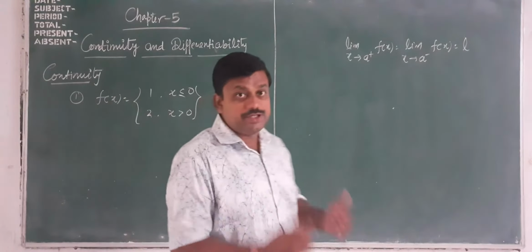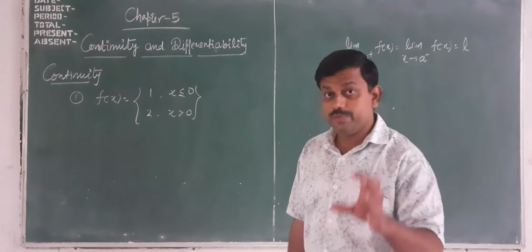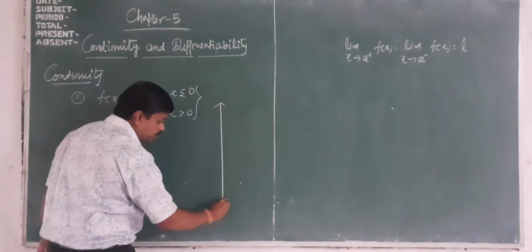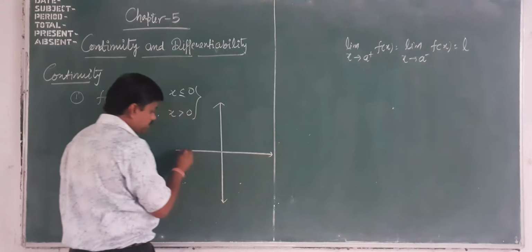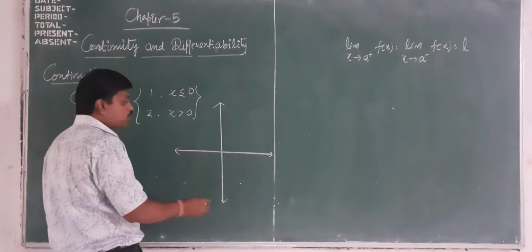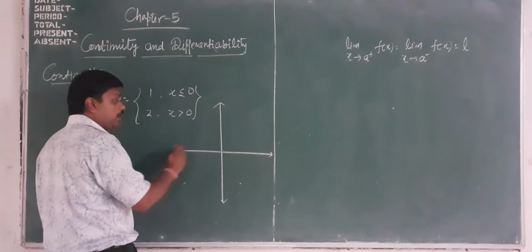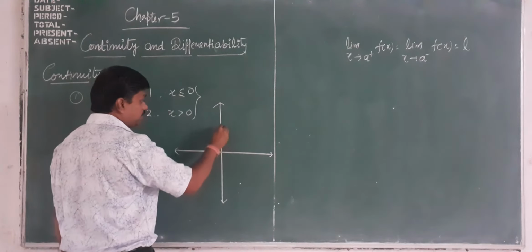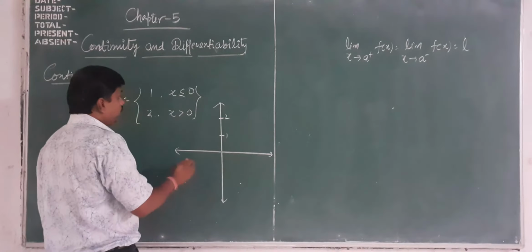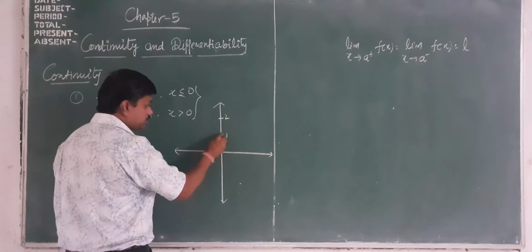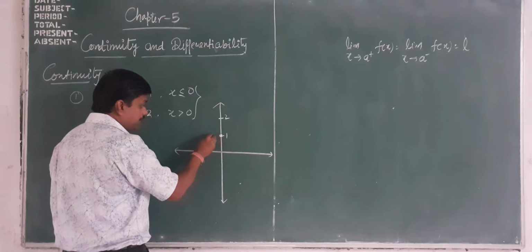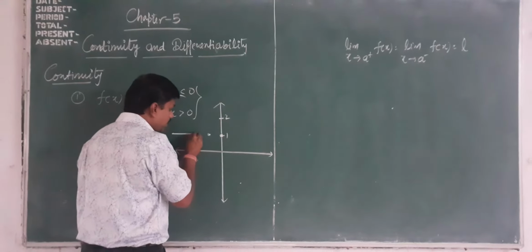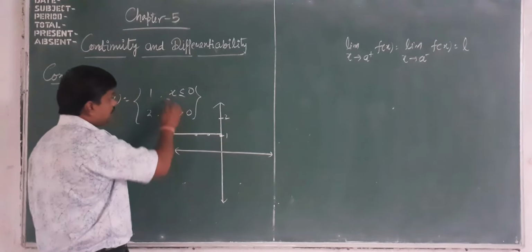From that function we can easily find the graph. First we will draw the graph of this function. For x less than or equal to 0, on the negative side of the x-axis, the value is 1. This is 0, then -1, -2. This is the graph for x less than or equal to 0.